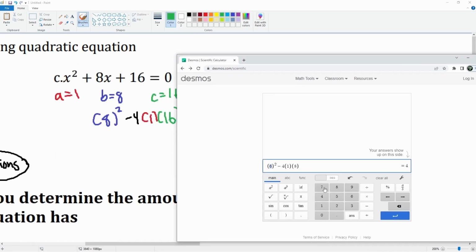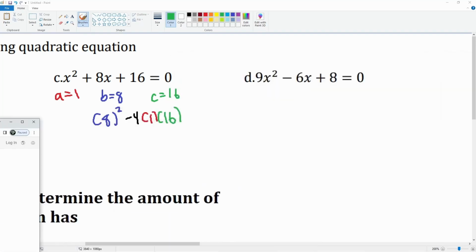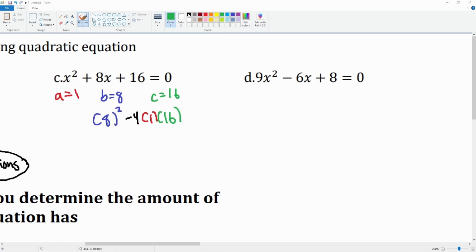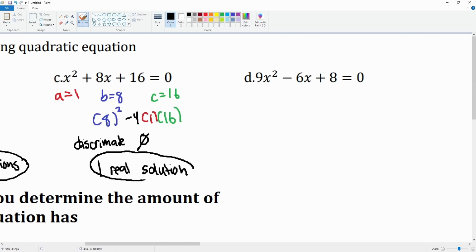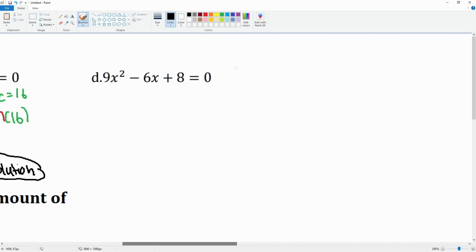So to do our calculation, 8 squared minus 4 times 1 times 16. That gets you 0. So here, this is a discriminant of 0. So you say this has only one real solution.